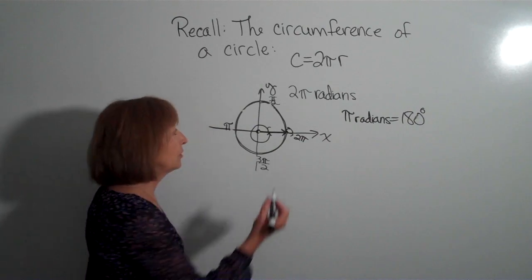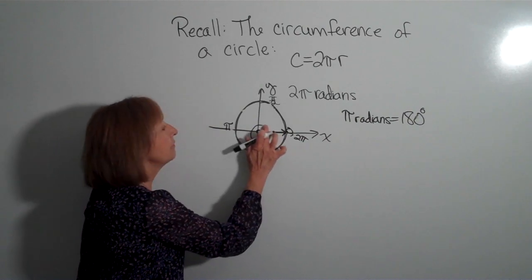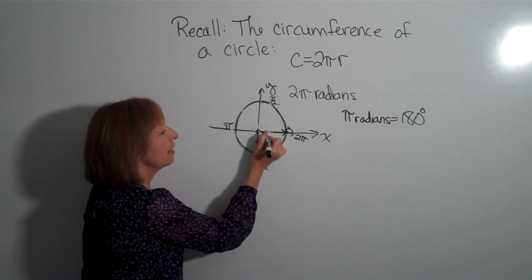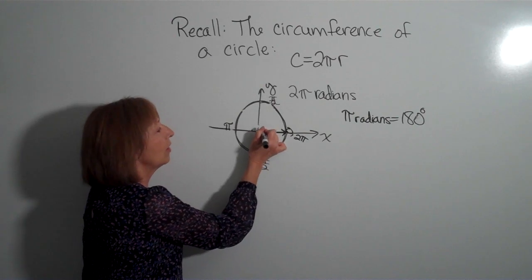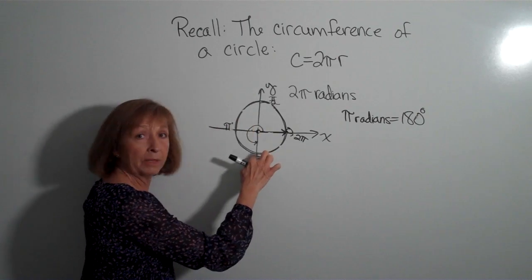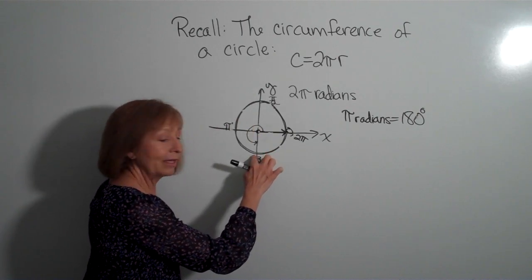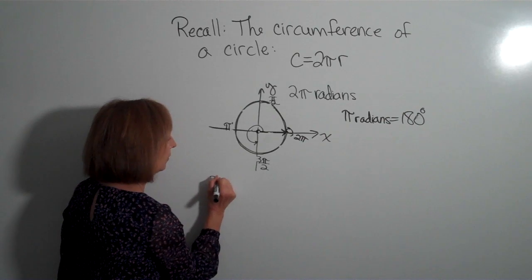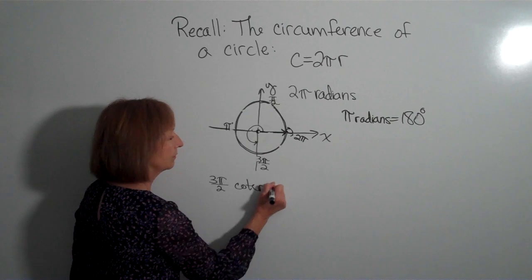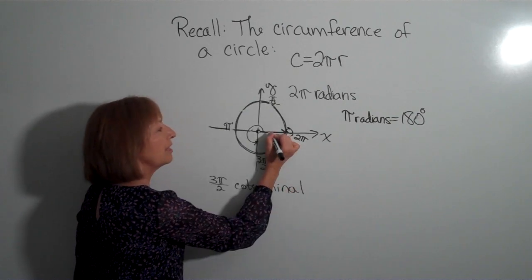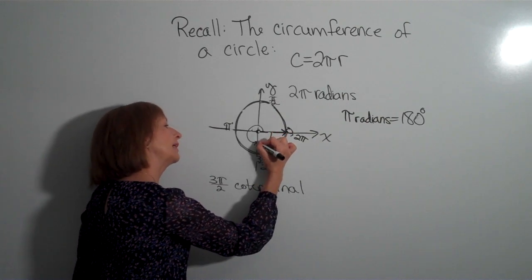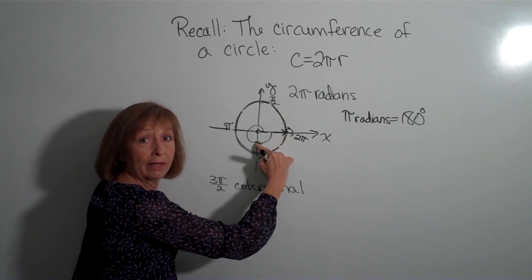So if I had a positive trig angle in standard position that went from the initial side to my central angle subtending this arc of 3 pi over 2, then that 3 pi over 2 angle is coterminal with an angle that starts at the initial side and goes down and around to pi over 2.